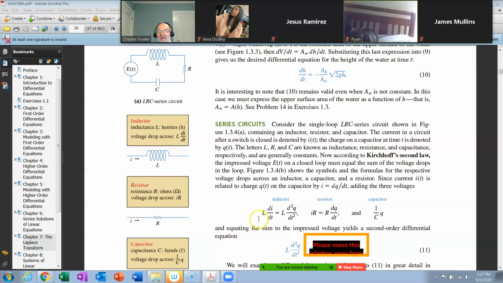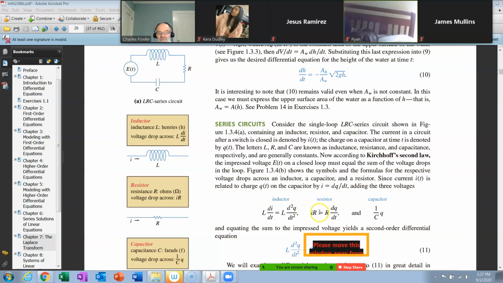The inductance relates to the change of current, but current relates to change of charge. So if you wrote L di/dt, that could be written as L times the second derivative of charge with respect to time.